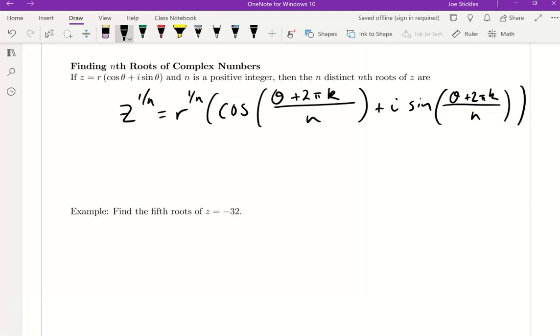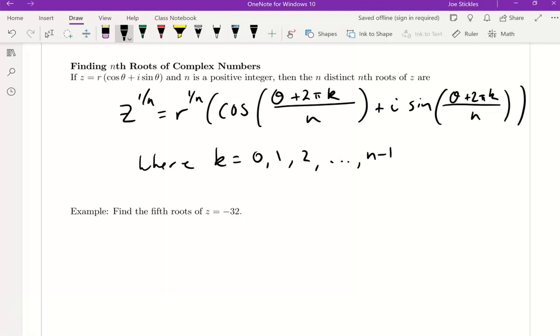So if I add multiples of 2 pi on top, I should get the same thing. It will give me distinct answers when I do my k going from 0, 1, 2, up to n minus 1. When I get up to the n for my k, I start repeating.